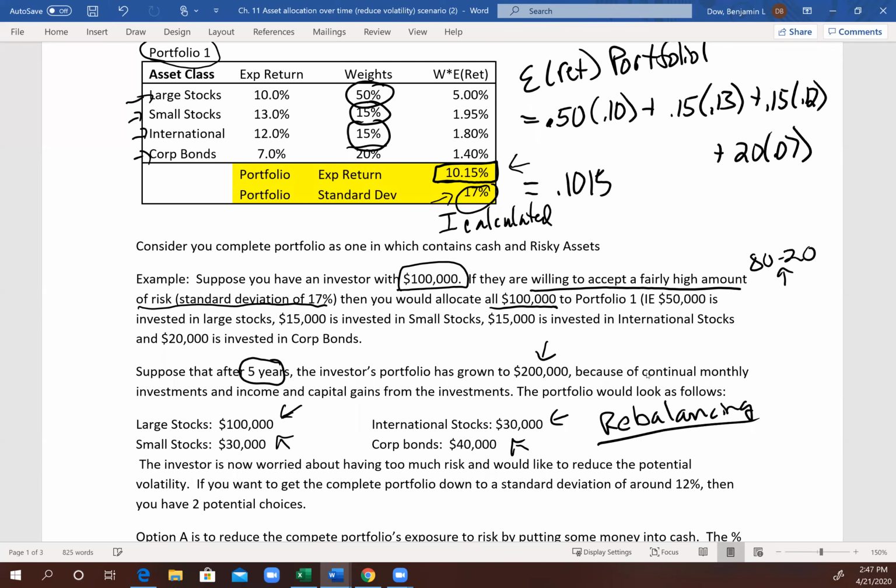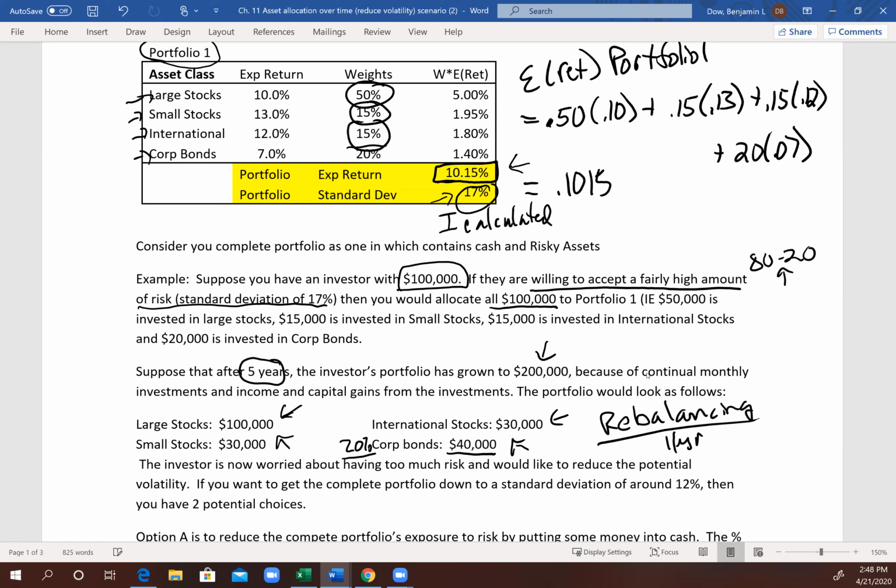Okay. So suppose stocks did great and large cap stocks, for instance, went up a lot more than we thought, and the bonds didn't go up as much as we thought, maybe even they went down. Then we'd sell some of the stocks and buy more bonds until we had 20% in bonds. Okay. You don't rebalance every day, but most people rebalance about once a year. Okay. Some people rebalance every 6 months. Okay. Most people, though, rebalance about once a year.